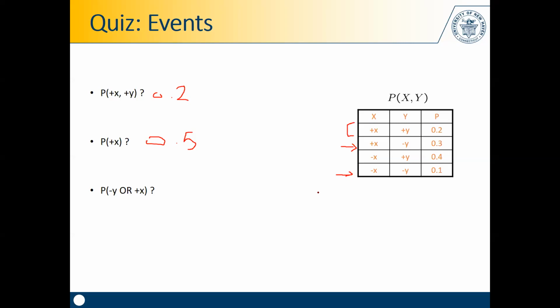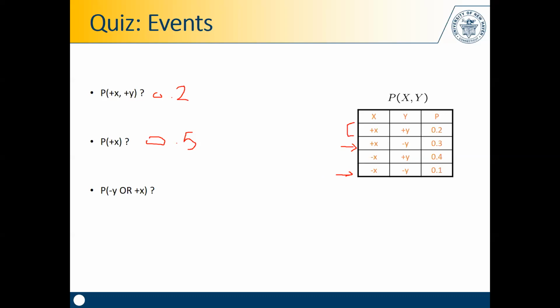Remember, this is or. Negative Y or positive X. So, Zishan? It's 0.2, because 0.4 divided by 2 is 0.2. Where did you get that? Plus X minus Y is 0.3 and minus X minus Y is 0.1. You add those two, you get 0.4 and you divide it by 2, so you get 0.2.